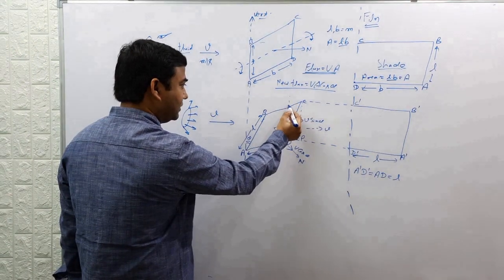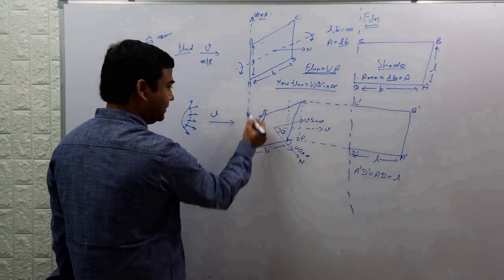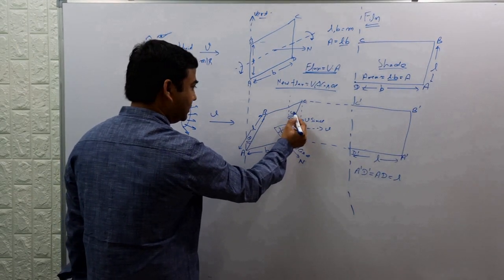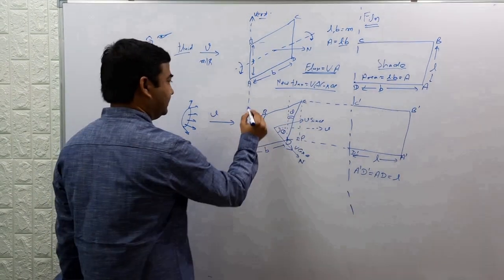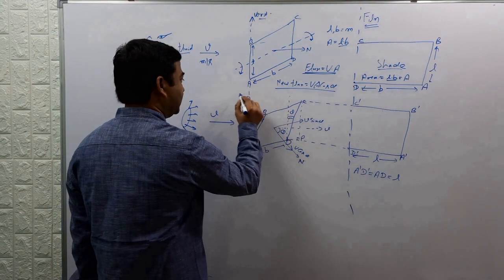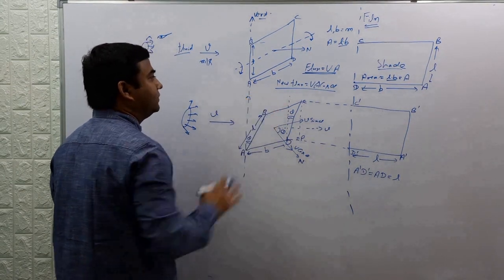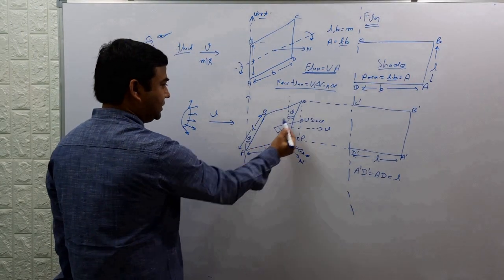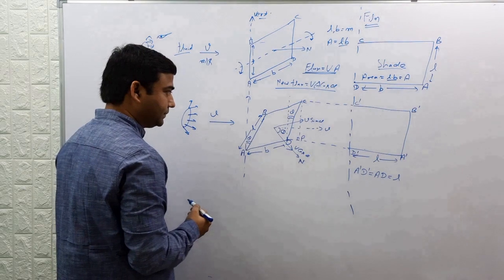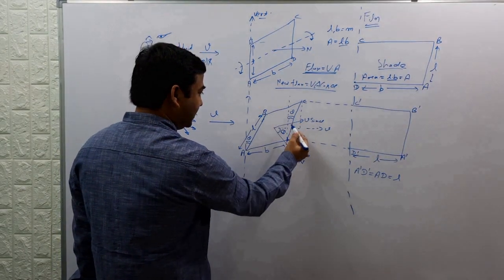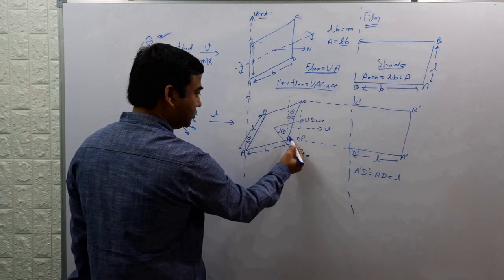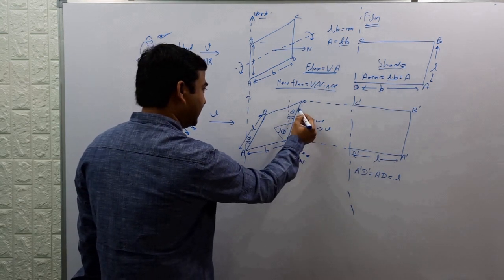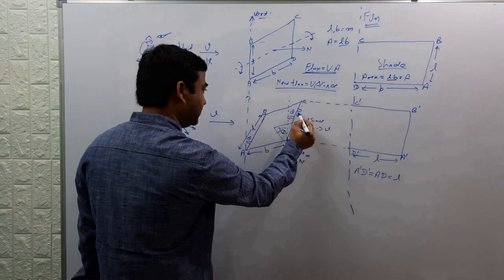So with the vertical, this is making angle theta. Similarly, this CD will also make angle theta with the vertical. Sorry, do not confuse this with velocity. This direction is the vertical direction. So this angle is theta, this whole angle is 90, so this is 90 minus theta, and this angle is theta.